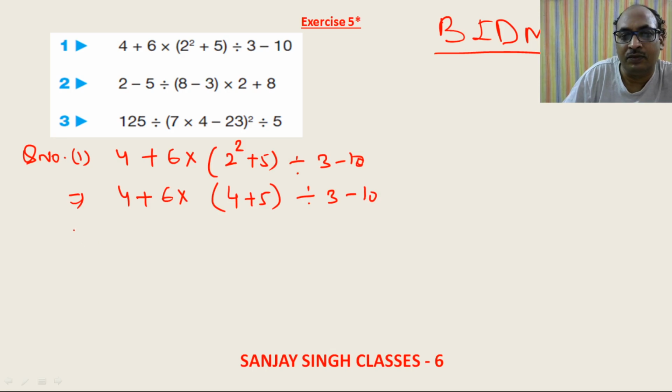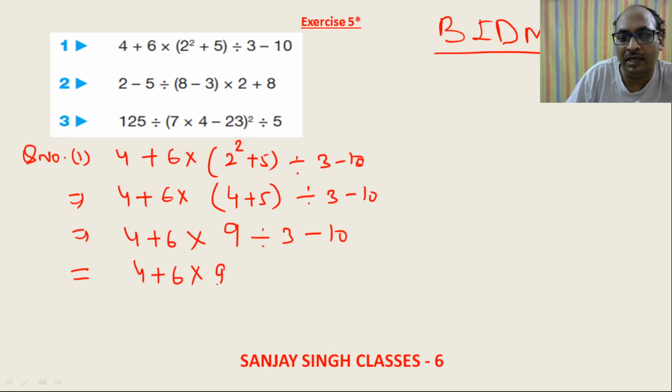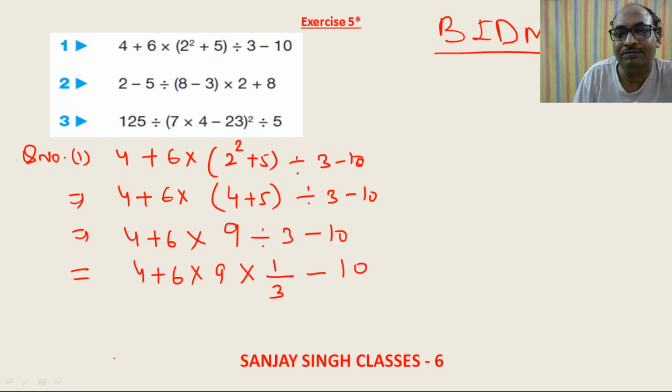Then it will become 4 plus 6 into the bracket part: 4 plus 5 is 9. Then divided by 3, minus 10. Then this division we will convert into multiplication, and 3 will become 1 by 3, and then minus 10.